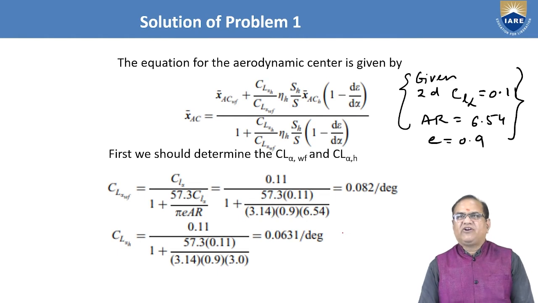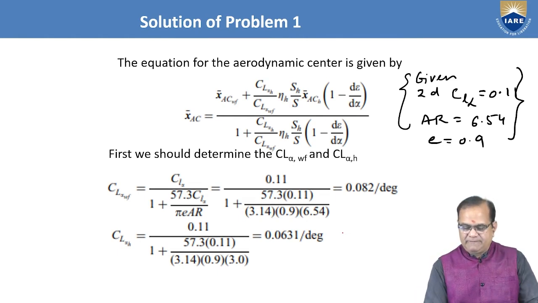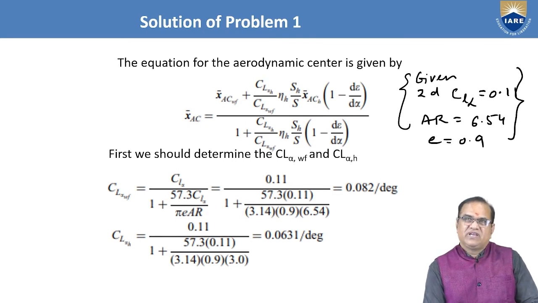The equation for the aerodynamic center is given by X bar AC. This is the aircraft aerodynamic center: X bar AC of the wing fuselage plus CL alpha H divided by CL alpha wing fuselage. H stands for the horizontal tail and wing fuselage is for the wing.